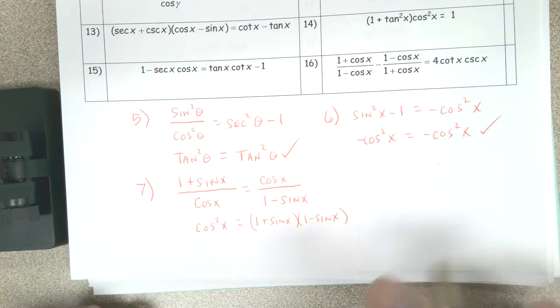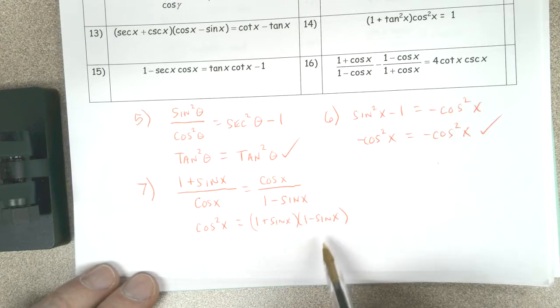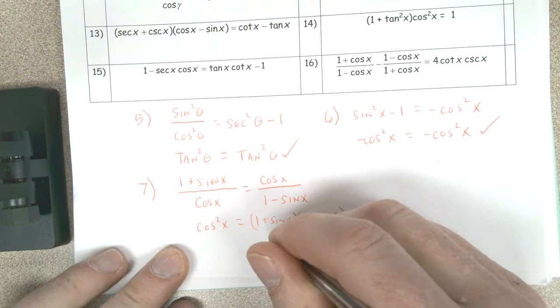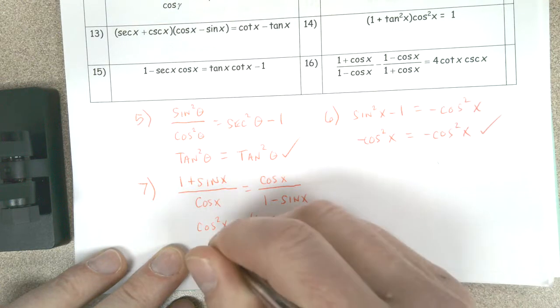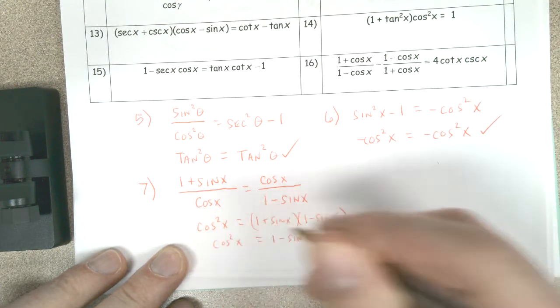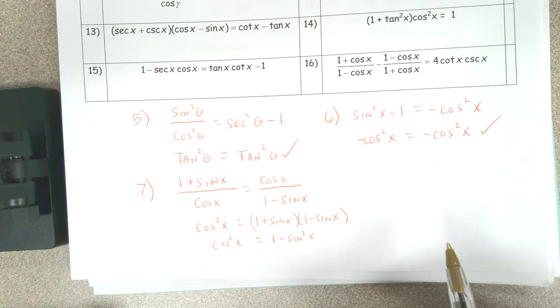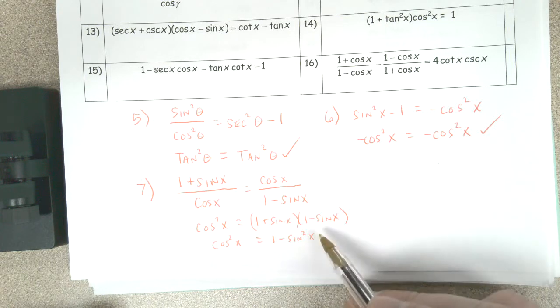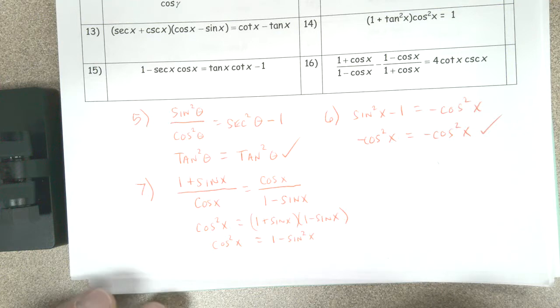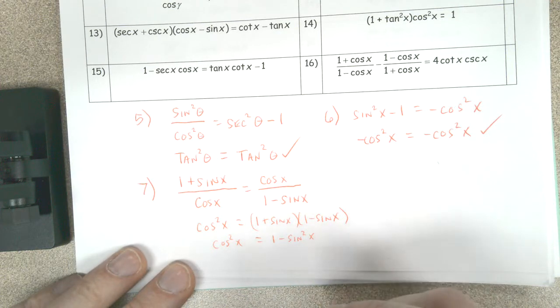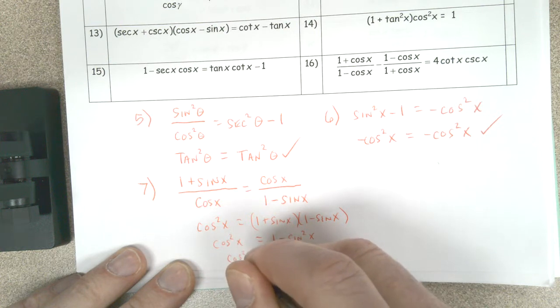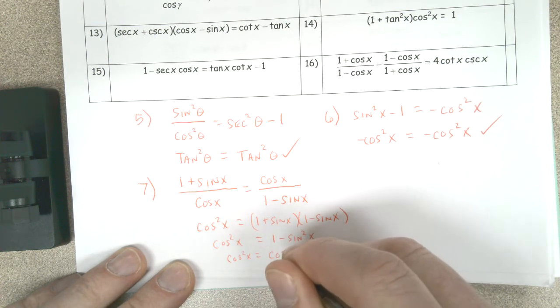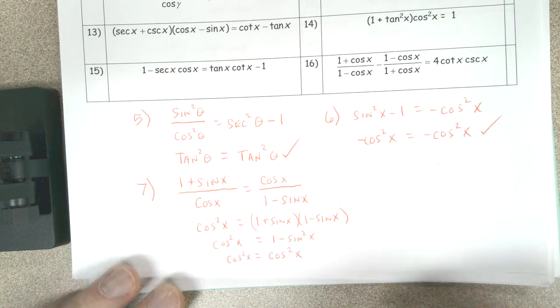From our algebra steps, 1 plus sine x times 1 minus sine x is 1 minus sine squared x. And we know that 1 minus sine squared x is one of our Pythagorean identities. That's equal to cosine squared, so we can say cosine squared x equals cosine squared x.